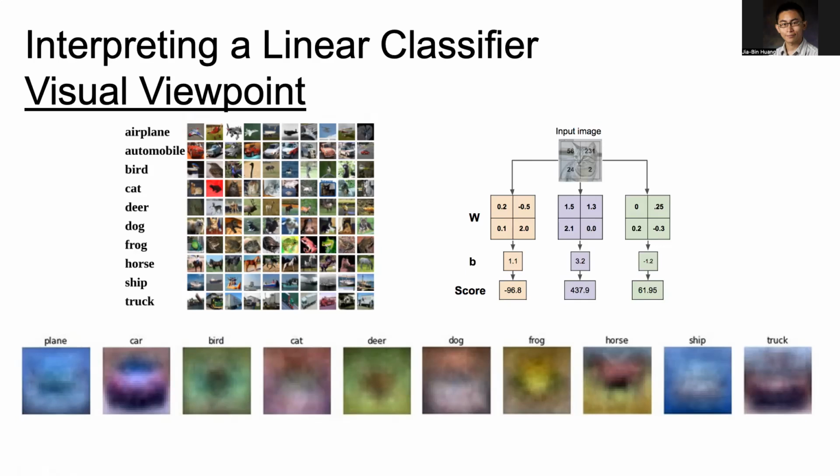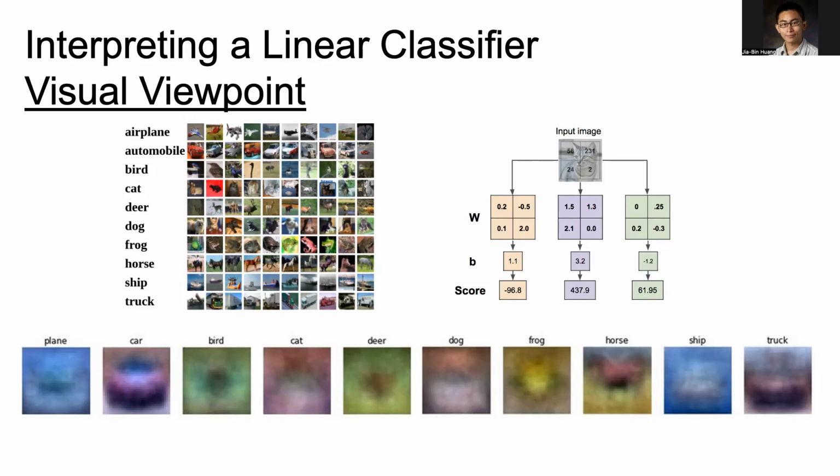The bird is basically something with a greenish color around the background, and something darker in the middle. So it captures a very rough idea about what the class is. For horses, you can actually see a horse shape here. Sheep has a green and blue background.